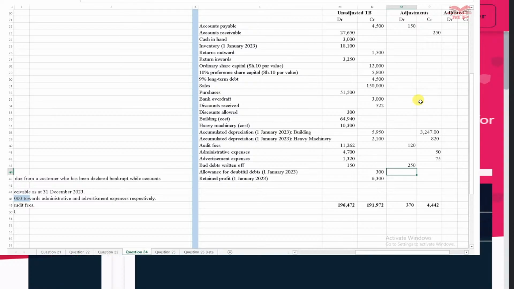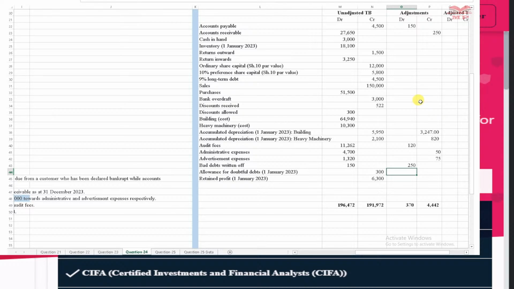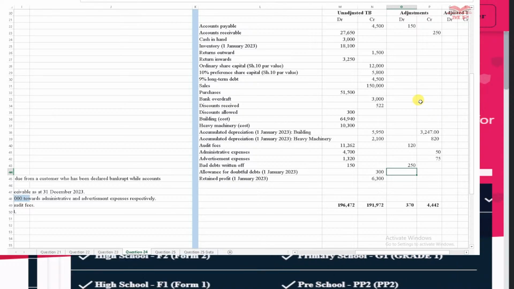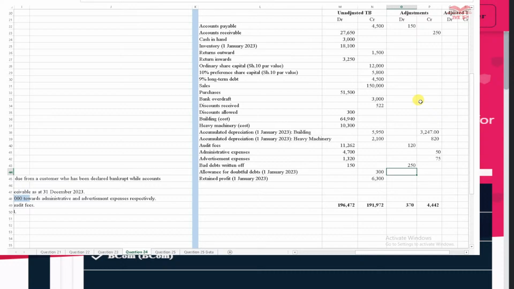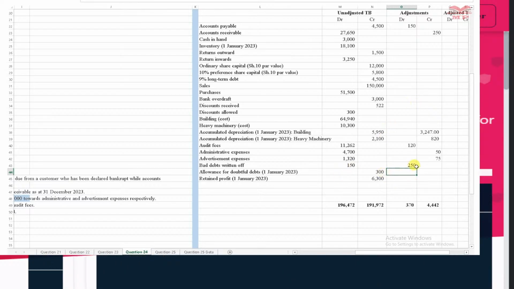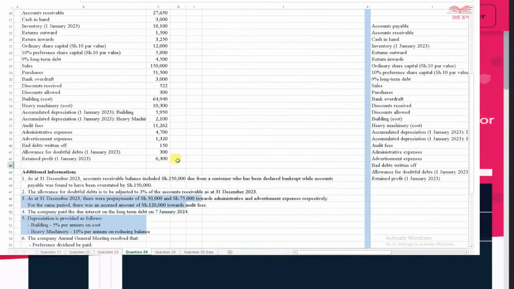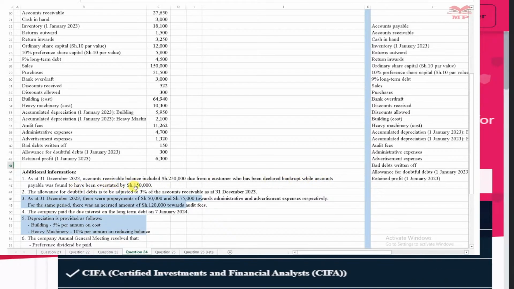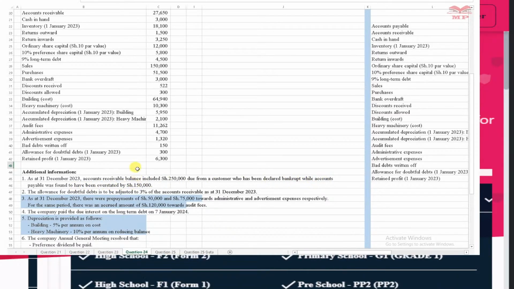250, yes, that's okay. So we check any other item over here. Due from a customer who had been declared bankrupt, while accounts payable, this one we've already done, the 150. No problem there.